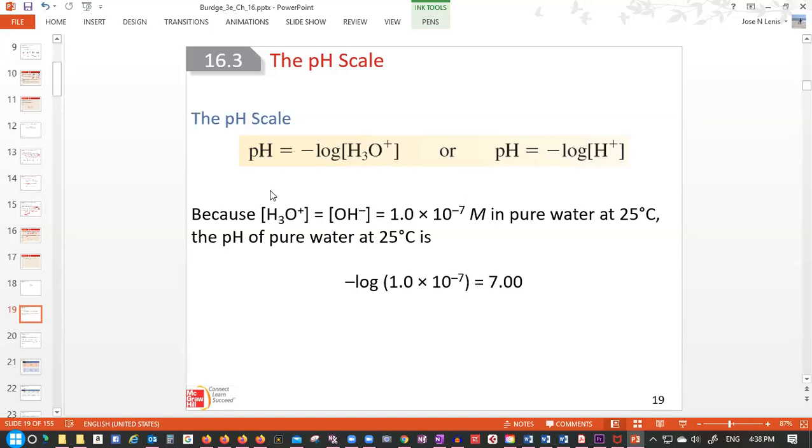And we said previously that this is a neutral situation at 25 degrees Celsius. So if we plug this concentration into this equation, we will get pH equals negative log of 1.0 times 10 to the negative 7 equals 7.